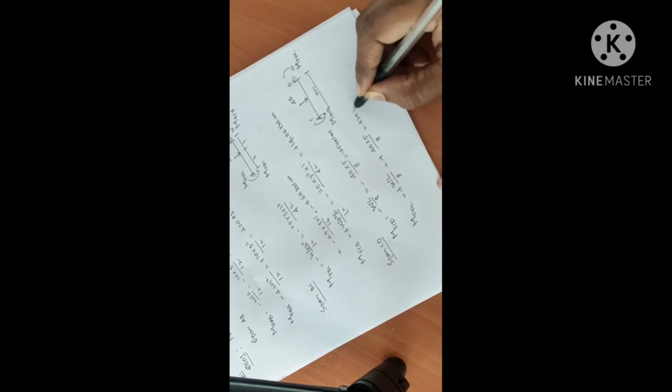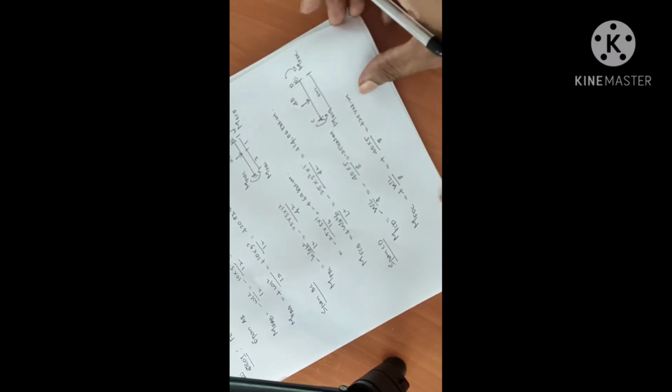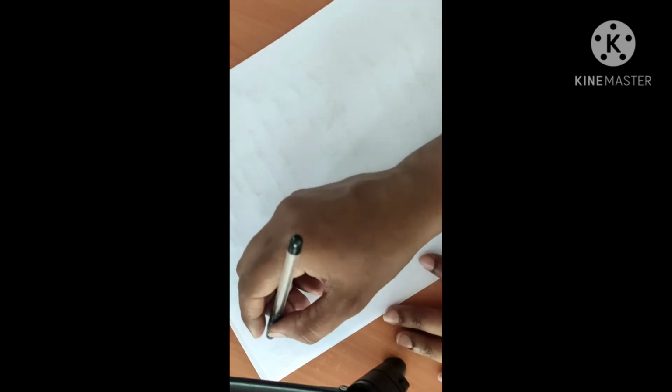The answer for this will be minus 25 kilonewton meter. Similarly, MFDC will be plus WL by 8, which is 40 into 5 divided by 8, so the answer will be 25 kilonewton meter. These are your FEMs. The next step for moment distribution is step 2.